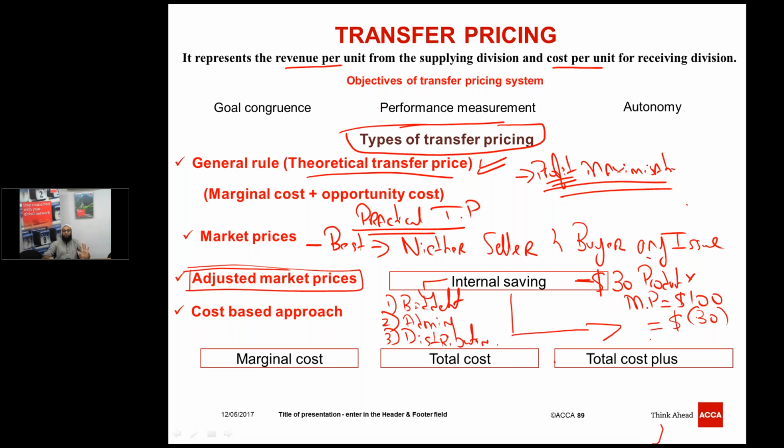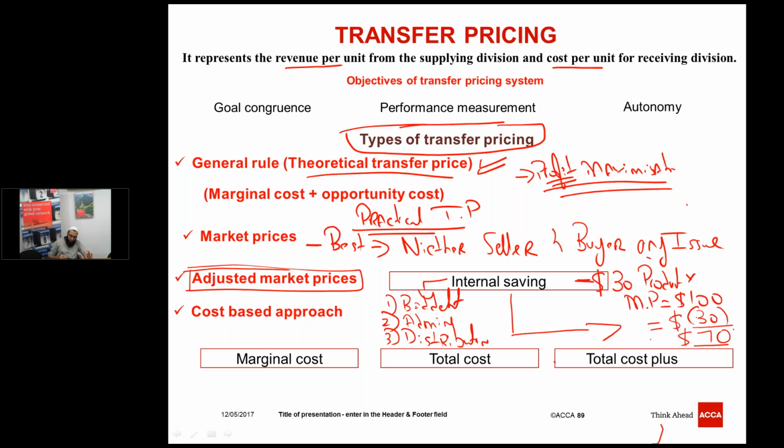If I deduct the saving, the price will be $70, and this $70 price will be called the adjusted market price, because if you are transferring internally, there will be a saving of $30, and this saving of $30 will reduce the selling price and will give advantage to the internal division, will make internal transfer more attractive because of the internal saving.